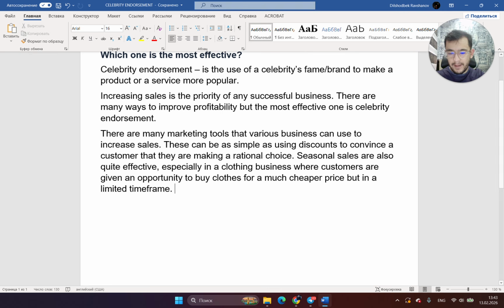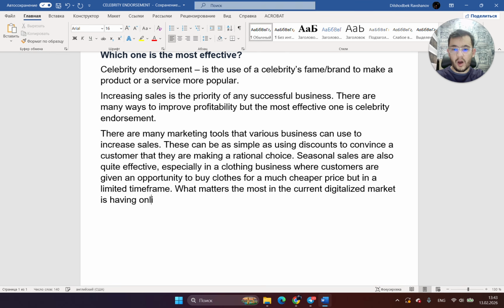And maybe we should say what matters the most in the current digitalized market is having online presence to connect with the customers, right? So what matters the most in the current digitalized market is having online presence to connect with customers, right?